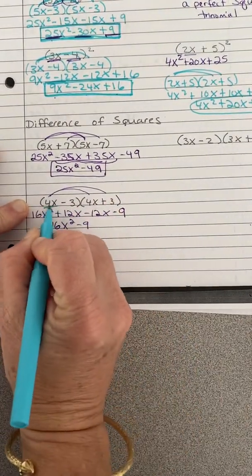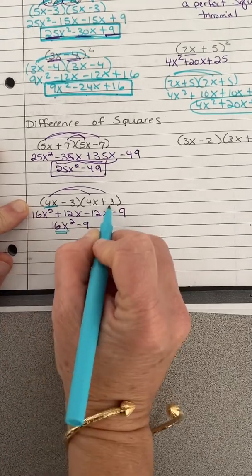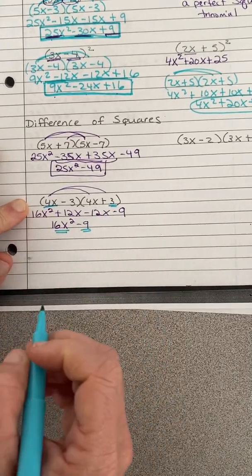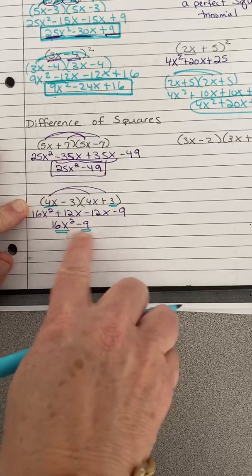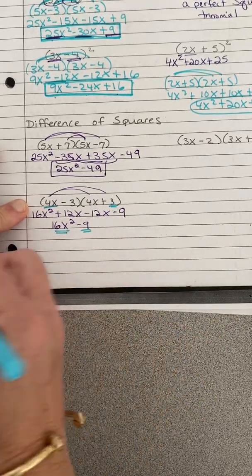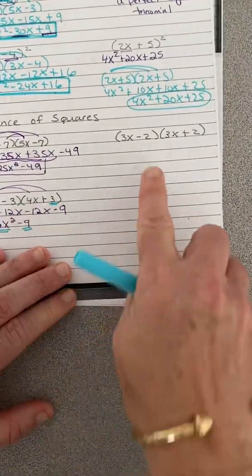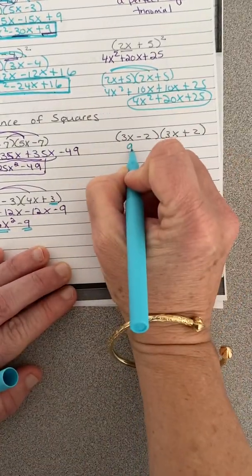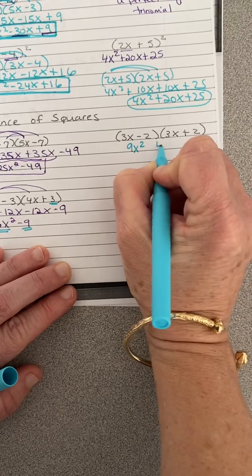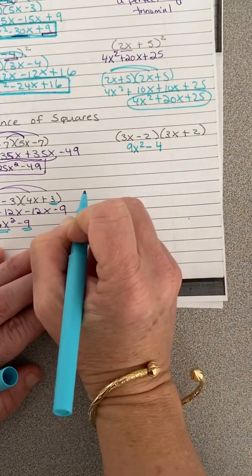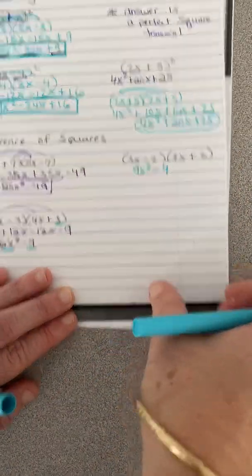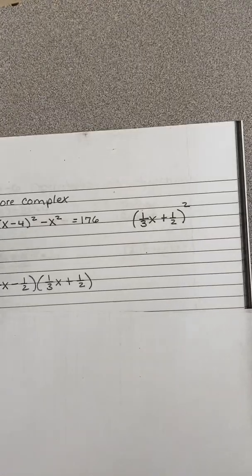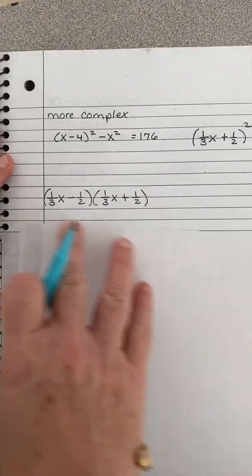So I'm going to square this, and put a subtraction sign. This is a difference of squares. Okay, so now I'm just going to elect to do the shortcut here because I realize they're the same exact thing. So I'm going to square the first one, square the second one, and use a subtracting sign. Okay? All right.